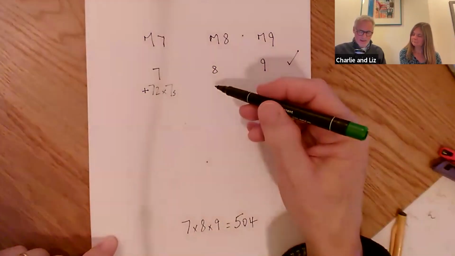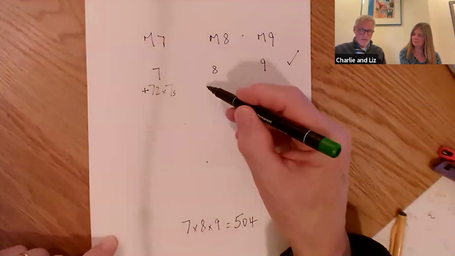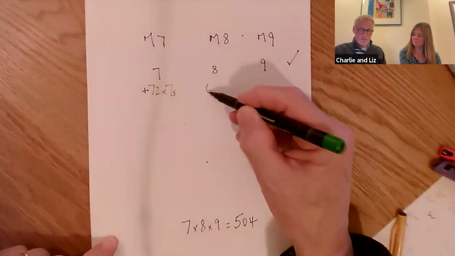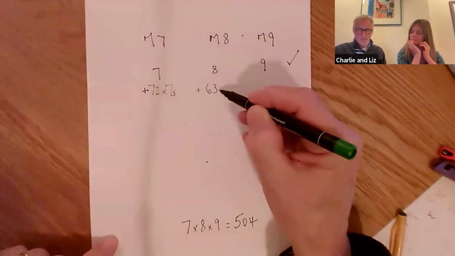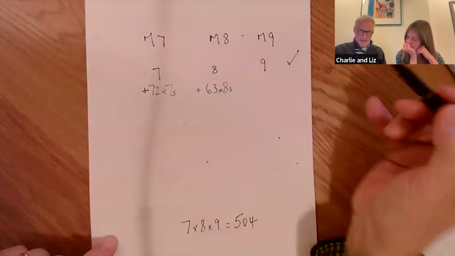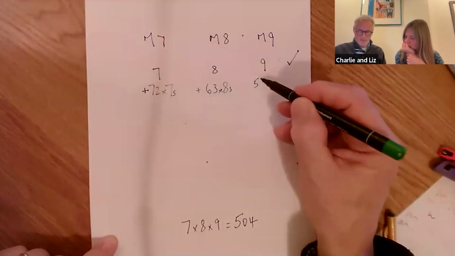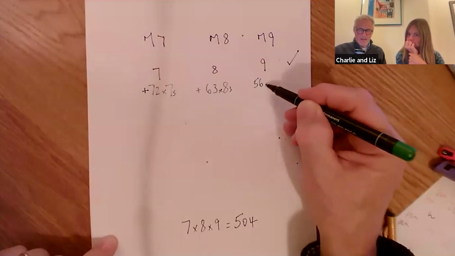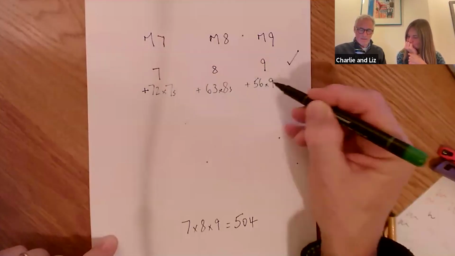And here we need to add 63 eights. And here we need to add 8 nines.